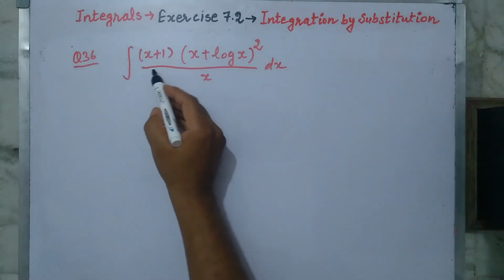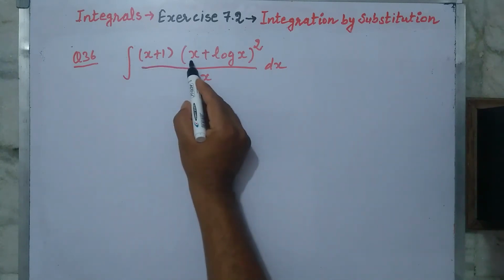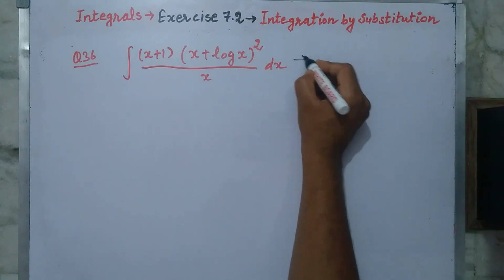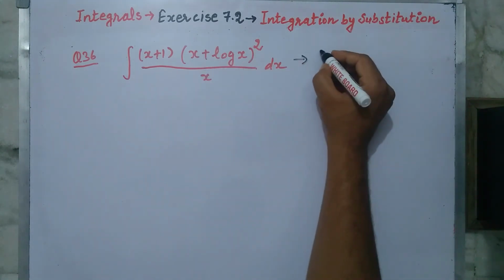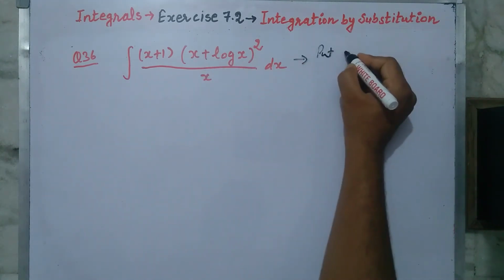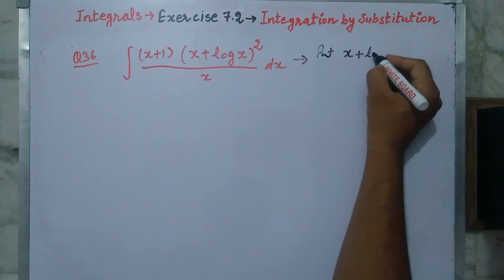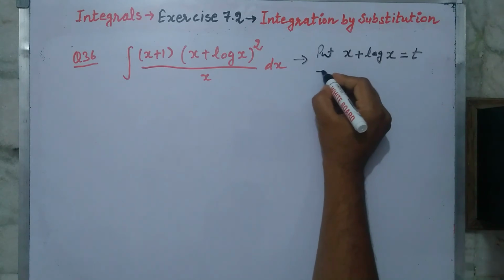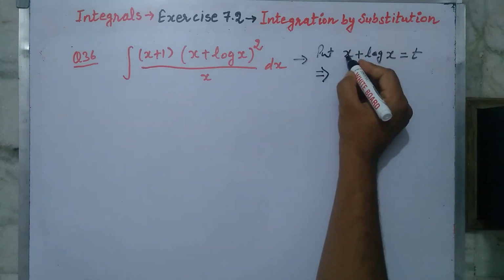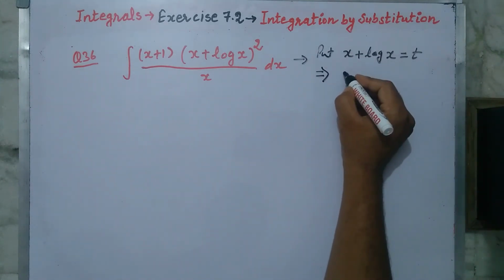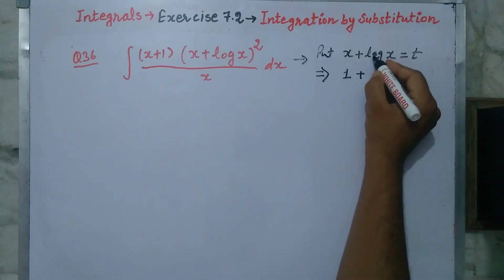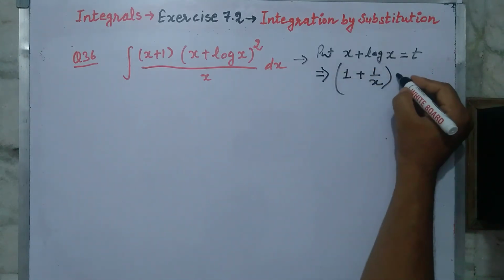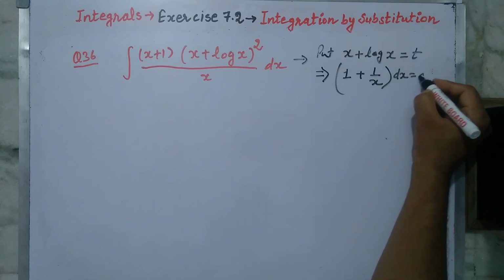Question number 36. X plus 1 into x plus log x whole square upon x dx. So here inside the bracket put x plus log of x equal to t. That means differentiating with respect to x, x derivative is 1, log x derivative is 1 upon x, into dx is equal to dt.